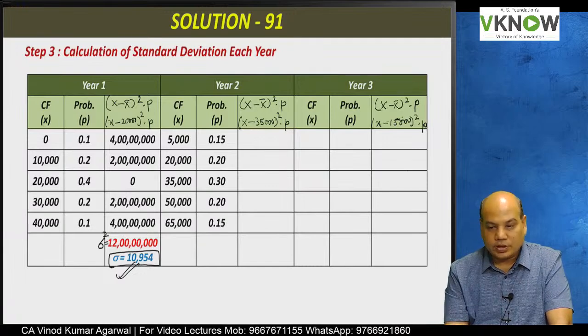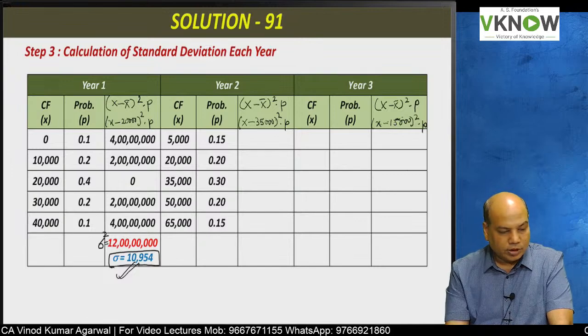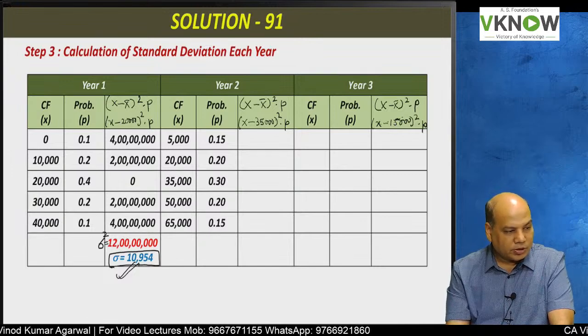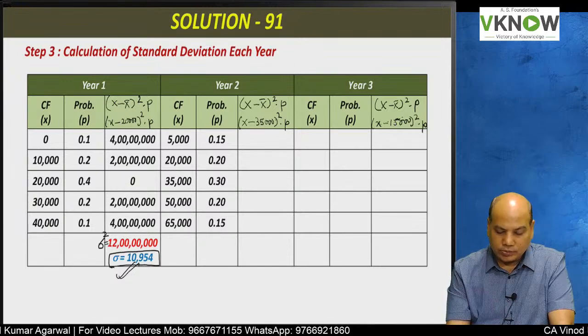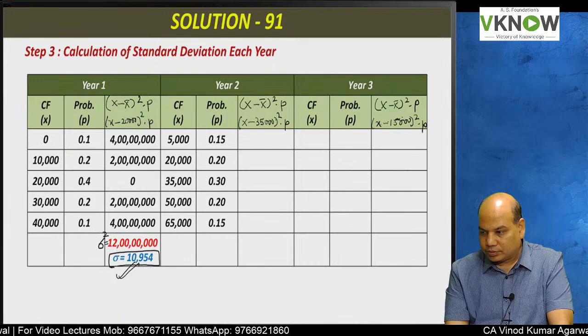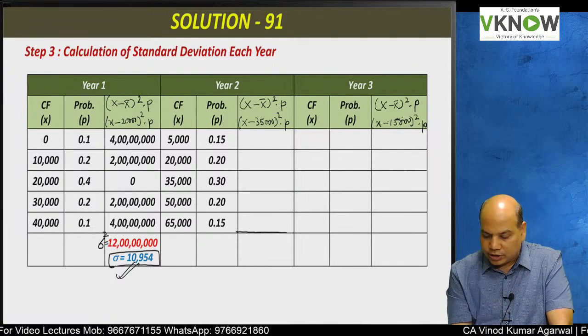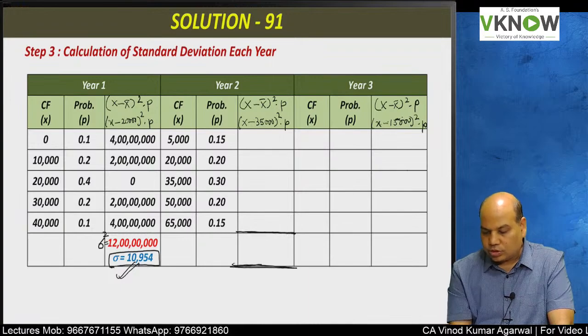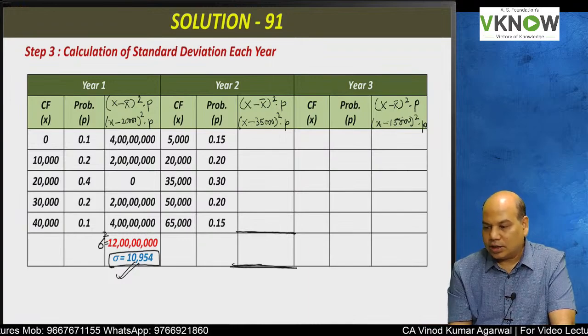Copy the cash flow and the probability of the second year from the book. I have not written the answer for year 2. You will do it yourself and tell me the total.